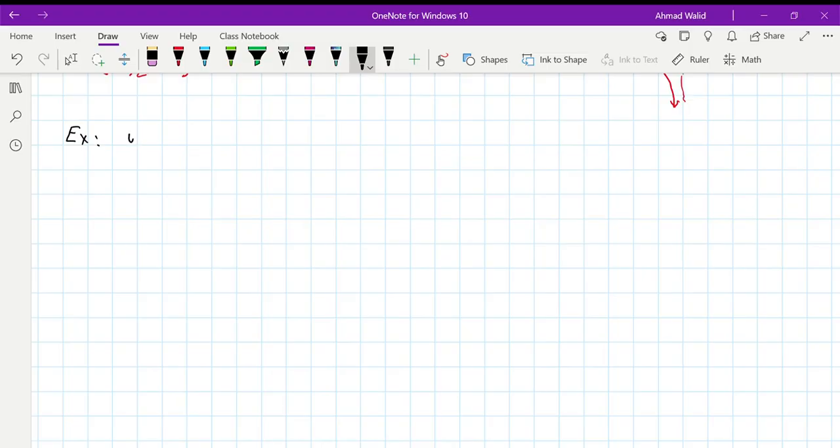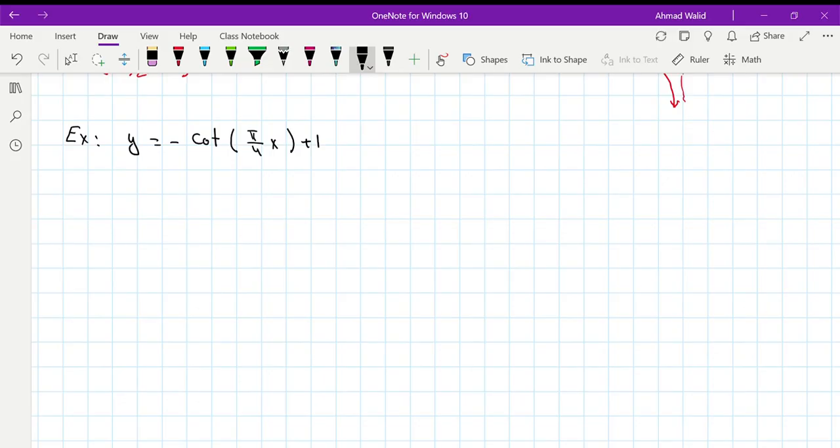Y equals negative cotangent of pi over 4 x, correct, plus 1. Let's put also a vertical shift.